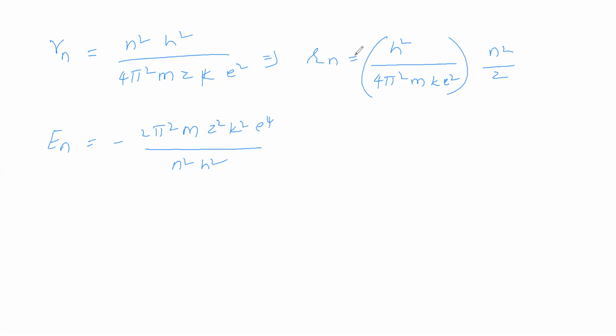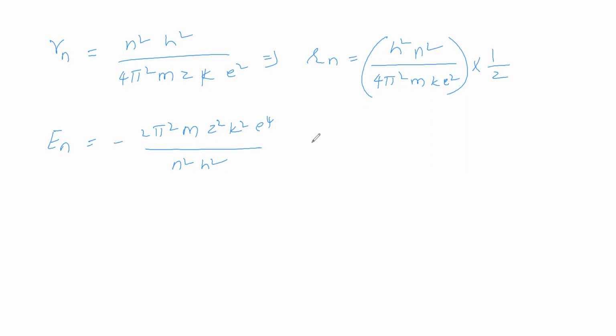This is the radius of nth orbit we have written. So n square we will write here itself, z alone we will write this side.